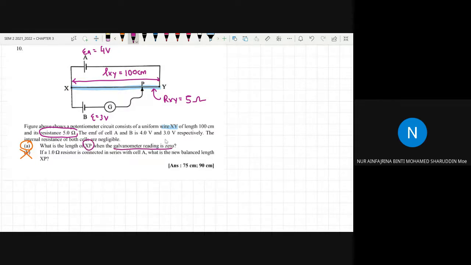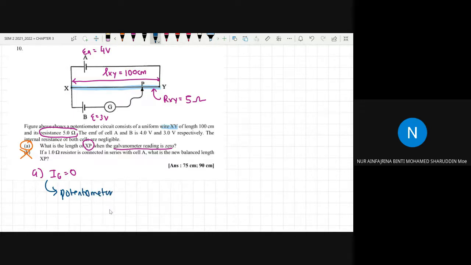So bila dia cakap galvanometer reading is 0, apa maksud dia? What is balance? Anyone? What is balance? Potentiometer. Good. Potential meter. So potential meter is balanced.